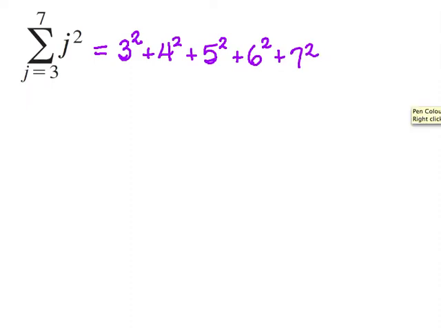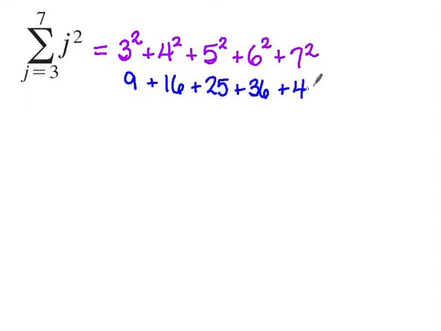And yes, you do need to calculate that. 3 squared we know is 9, 4 squared is 16, 25, 36, and 49. If you add all that up, you should get 135. Questions?